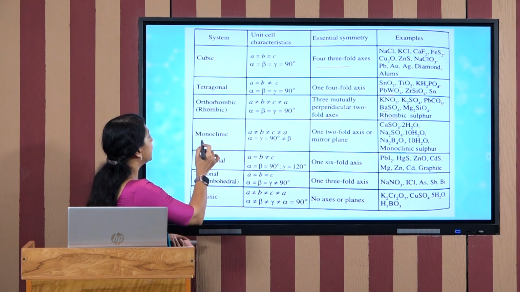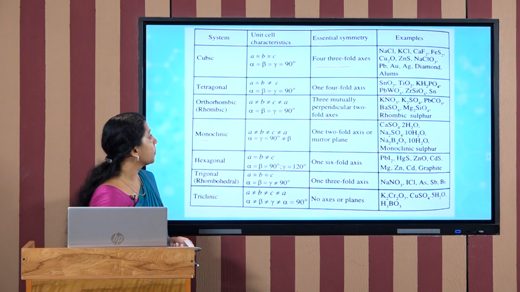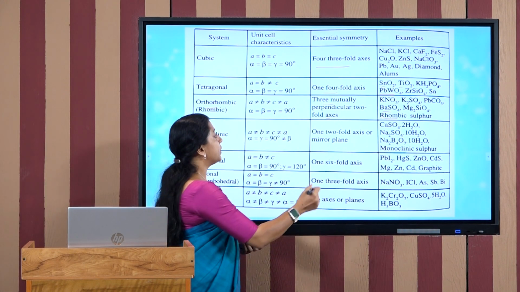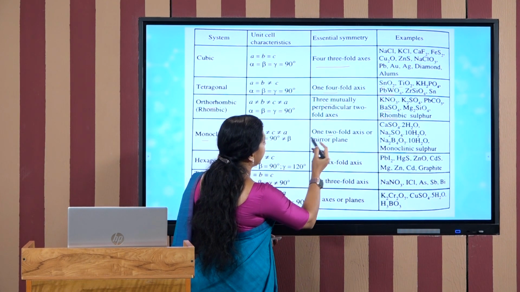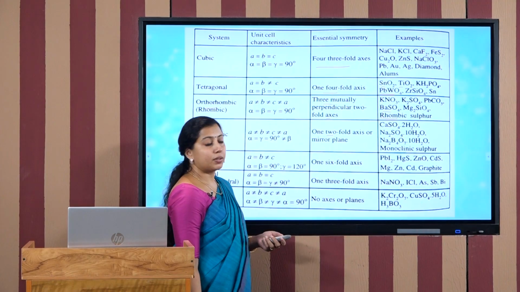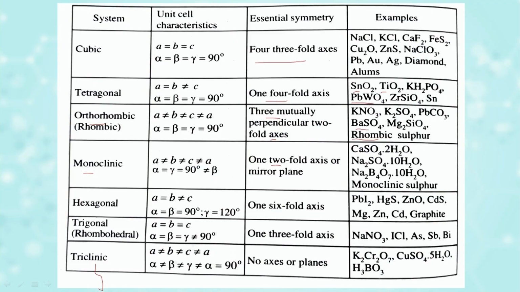So, next is the monoclinic system. The essential symmetry element is 1 2-fold axis or a mirror plane. Monoclinic sulfur belongs to the monoclinic system. We have calcium sulfate, sodium borate, all belong to the monoclinic system.